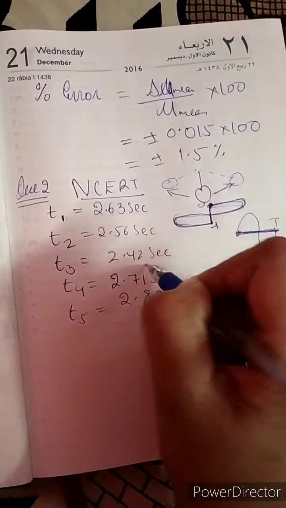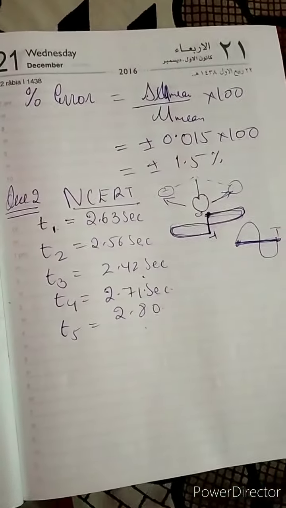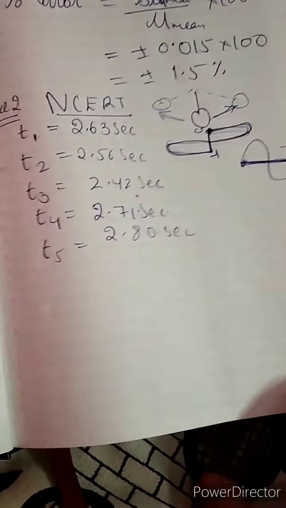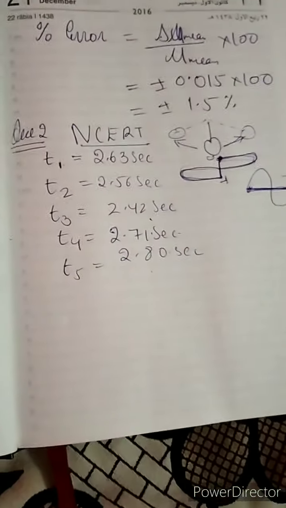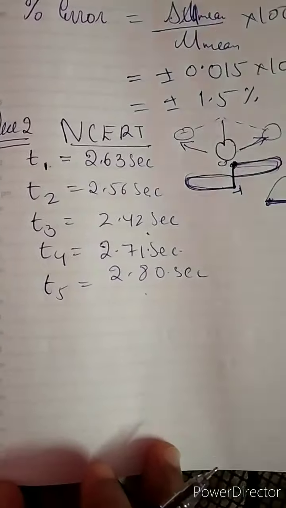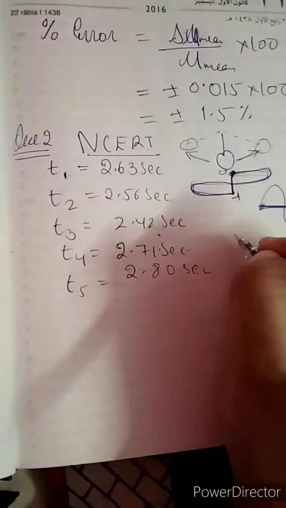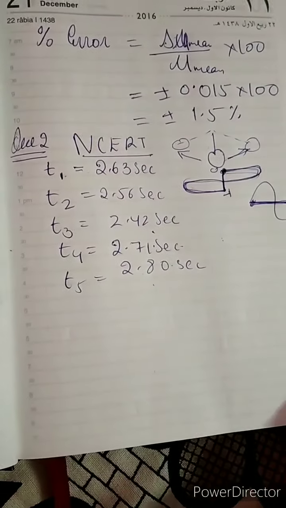So 2.63, 2.56, 2.42, 2.71 and 2.80. These are the 5 readings taken by a student for the time period of a simple pendulum. Now we have to calculate the absolute error, percentage error, and relative error.